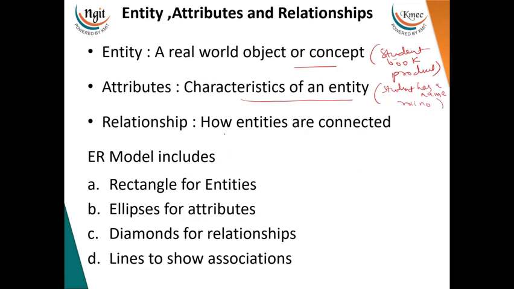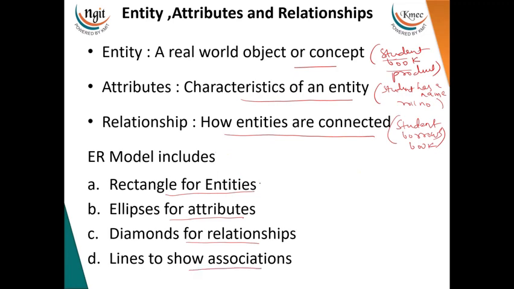Then a relationship is how entities are connected. In the first example of entity, we took student and book. Let us try to build the relationship of how these two entities are connected. In a library, the student borrows a book. So this is the relationship. The ER model includes a rectangle for entities, ellipses for attributes, diamonds for relationships, and lines to show associations.